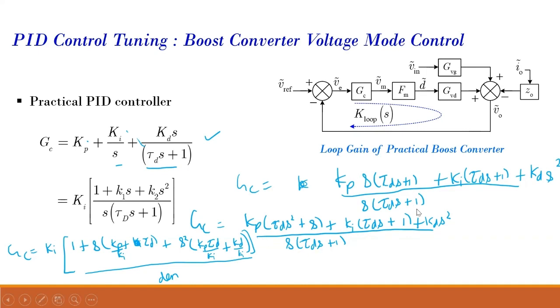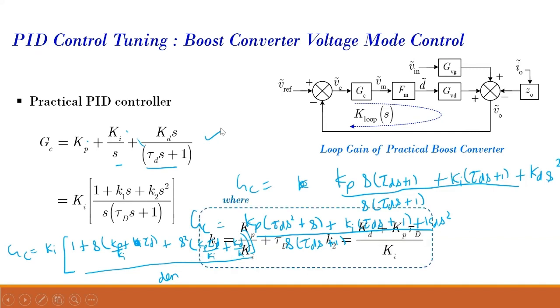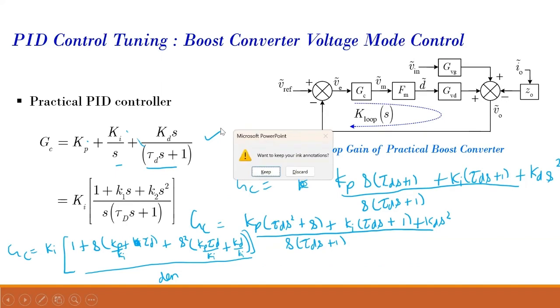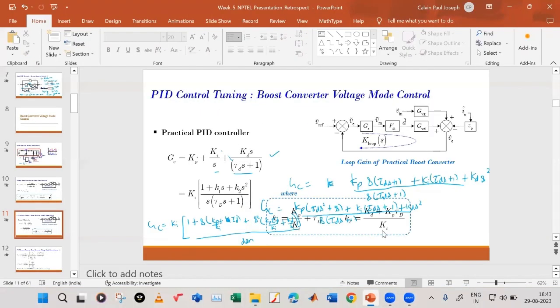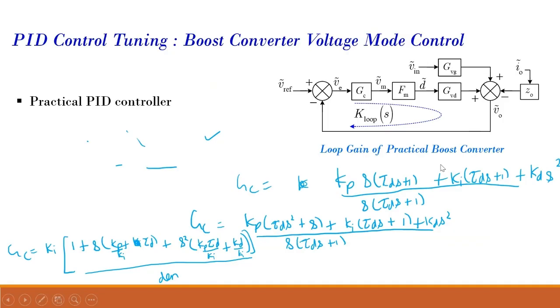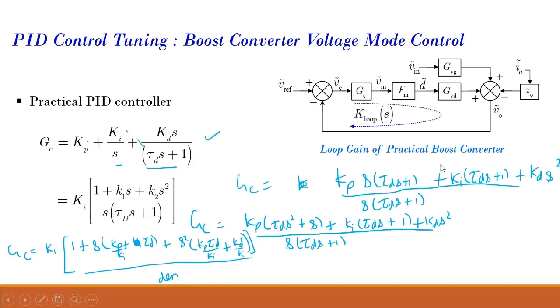So in this manner, this can be written as K1, and this can be written as K2, right?